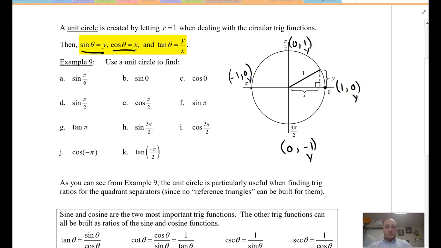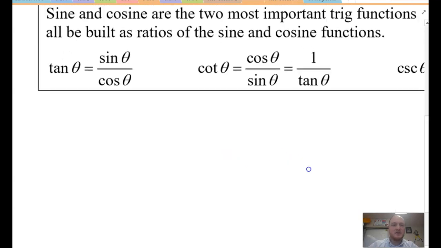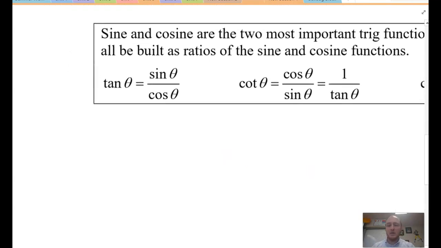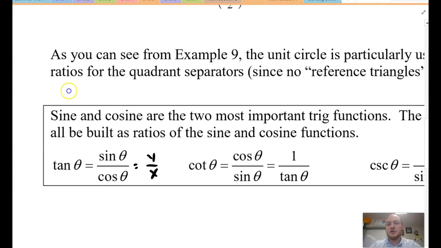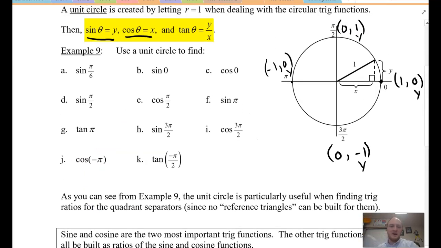And also that tangent of theta is sine over cosine. So wouldn't it make sense that in this case it's y over x? It sure does. Okay, so that's what we're going to do in this area right here.